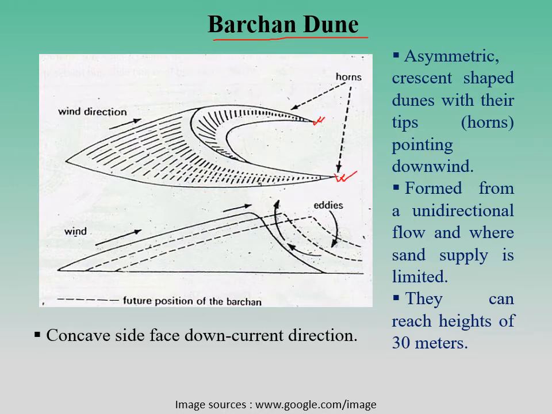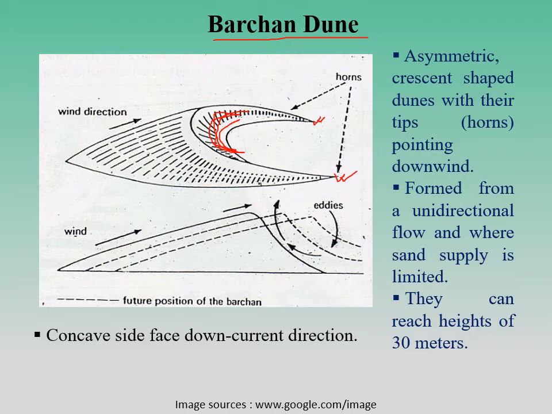In another way, you can see that this upwind direction is a broad arc and it is convex in nature, whereas the downwind portion is concave in nature. So you can also say that the convex side of the Barkhan is facing the upwind direction, whereas the concave side of the Barkhan is facing the downwind direction.